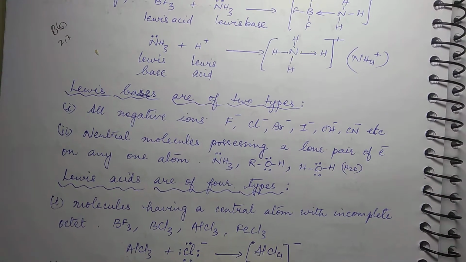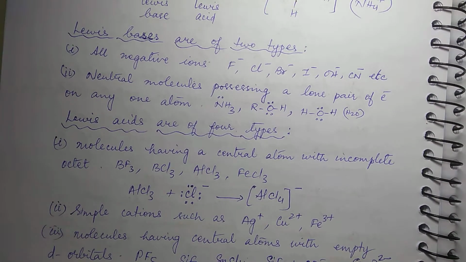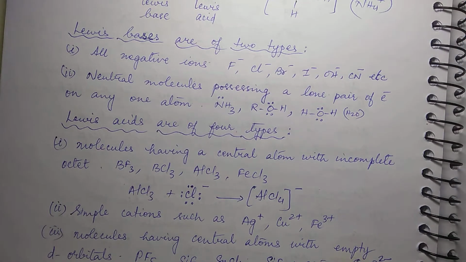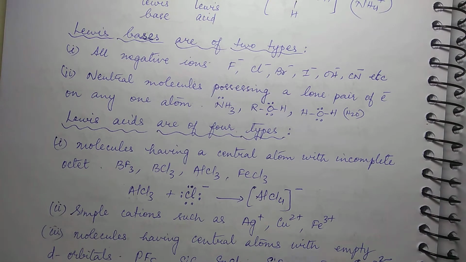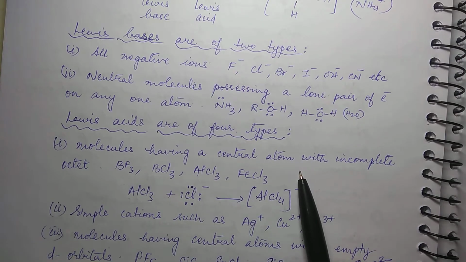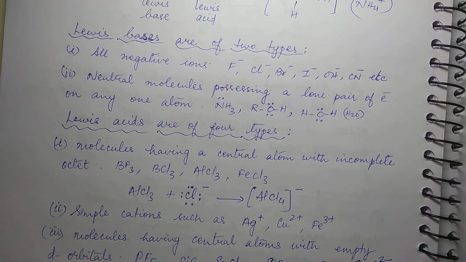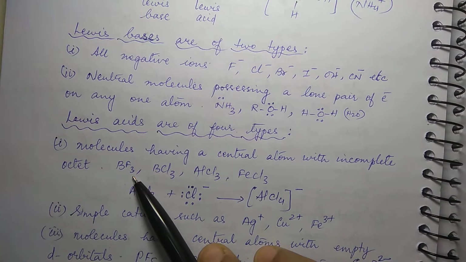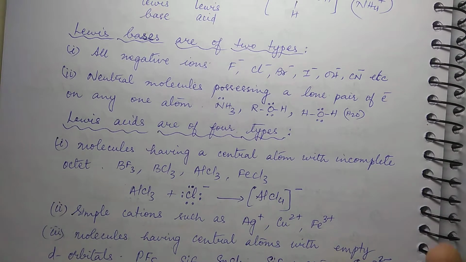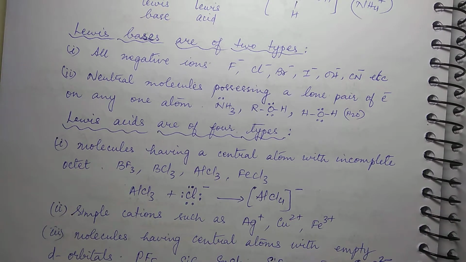Now, what are Lewis acids? Lewis acids are of four types. Number one, molecules having a central atom with incomplete octet. This I told you in the beginning also: BF3, BCl3, all boron halides are electron deficient molecules.